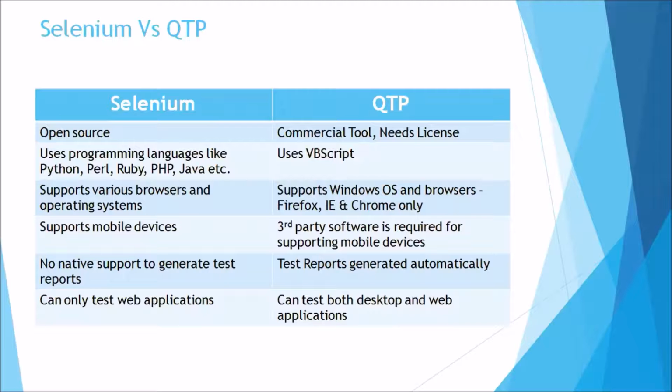Also, now we'll look at some limitations of Selenium. So one of them is it doesn't have native support to generate test reports. So we have to depend on some other third-party tools, like when we are using TestNG, it has its own reporting tool.